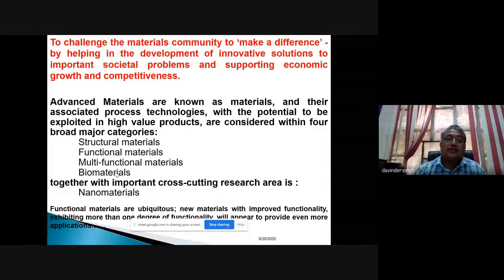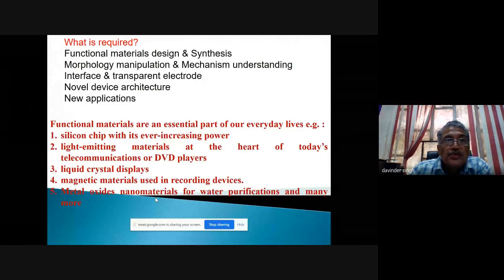So effectively we say the functional materials are ubiquitous: new materials with improved functionality, exhibiting more than 1 degree of functionality, will appear to provide even more applications. What we require basically for functional materials is to design and synthesize, to understand or manipulate the morphology, interfaces and transport of electrons, novel device architecture, or a lot of other applications.